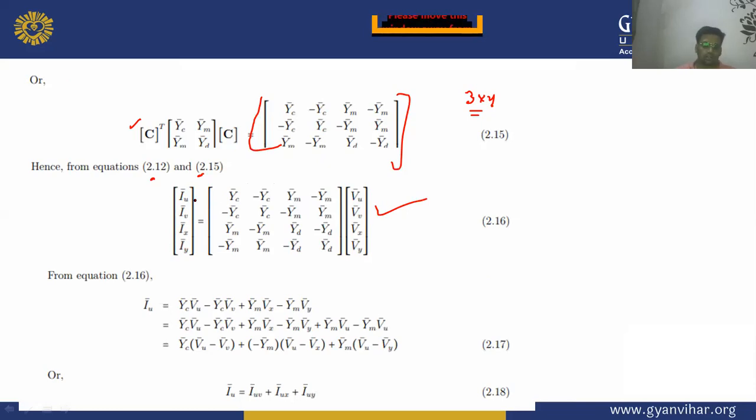This is the node current vector for the four nodes IU, IV, IX, and IY, and this complete matrix came over here into the node voltages of the system of figure 2.9.